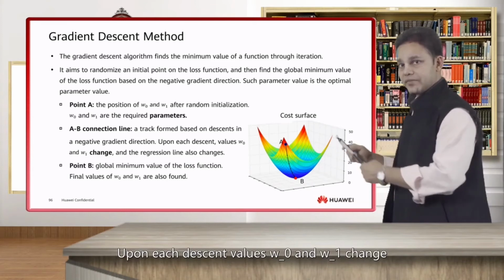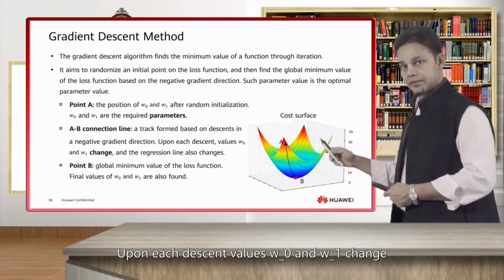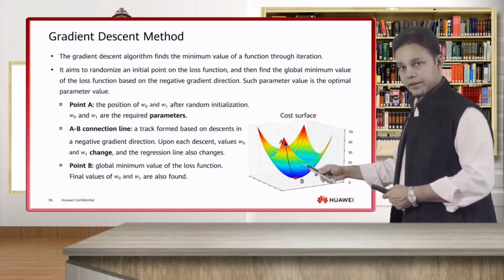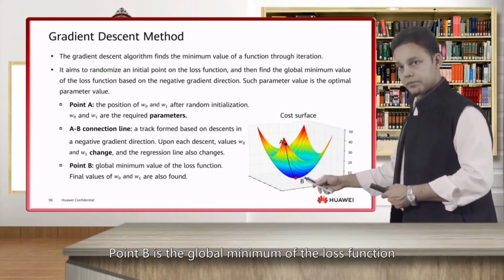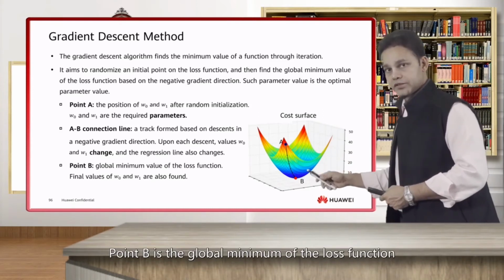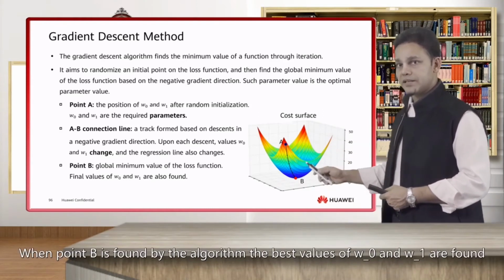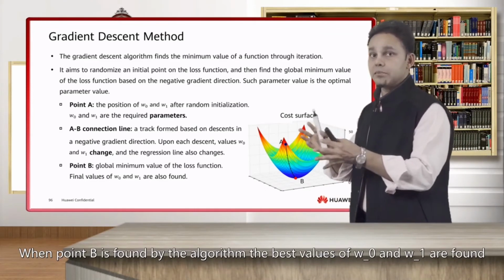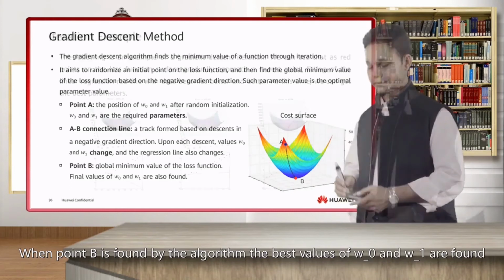Upon each descent, values W0 and W1 change, and the regression line also changes. Point B is the global minimum of the loss function. When point B is found by the algorithm, the best values of W0 and W1 are found.